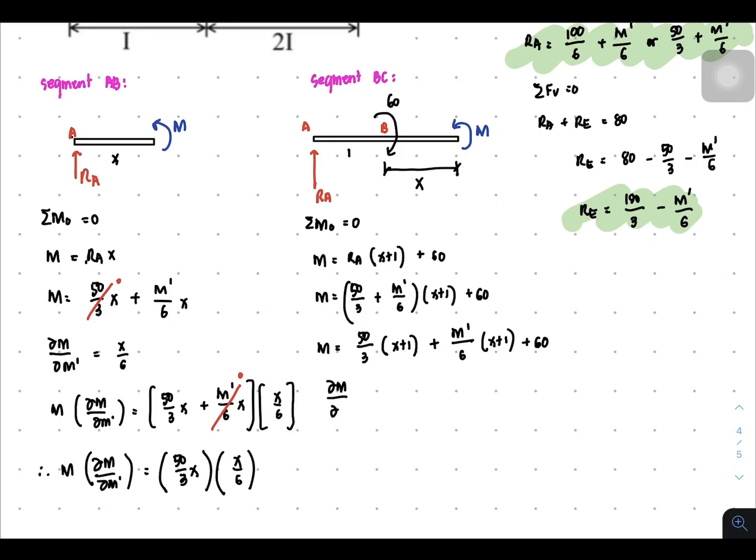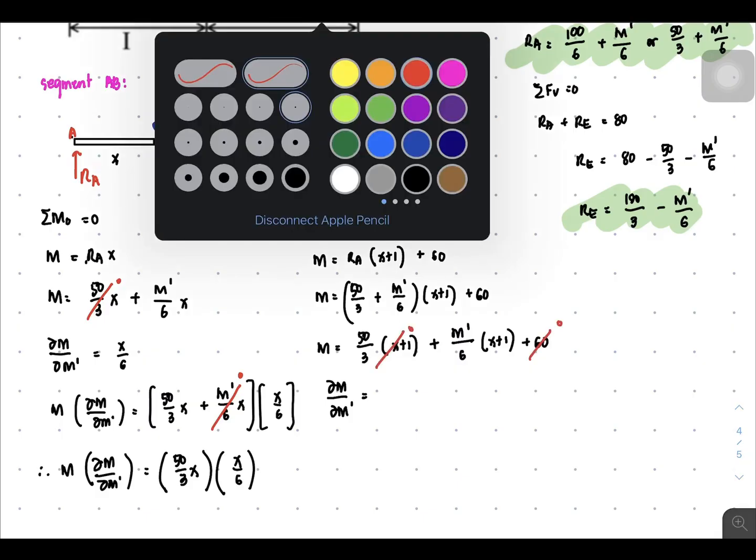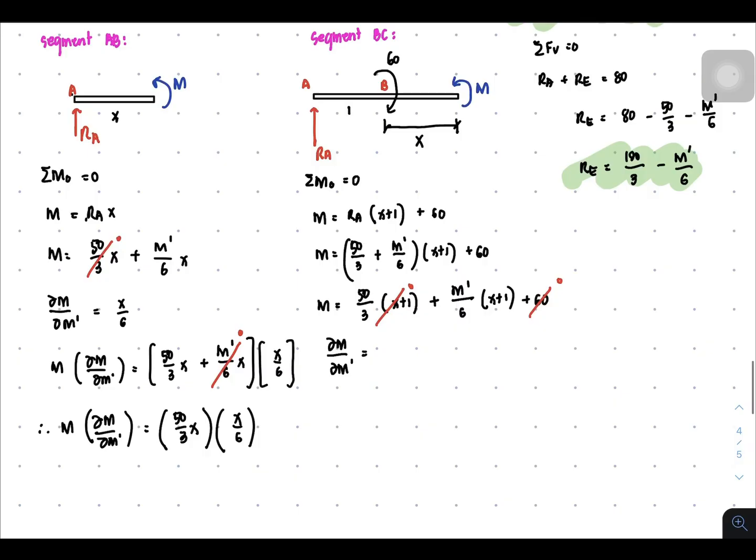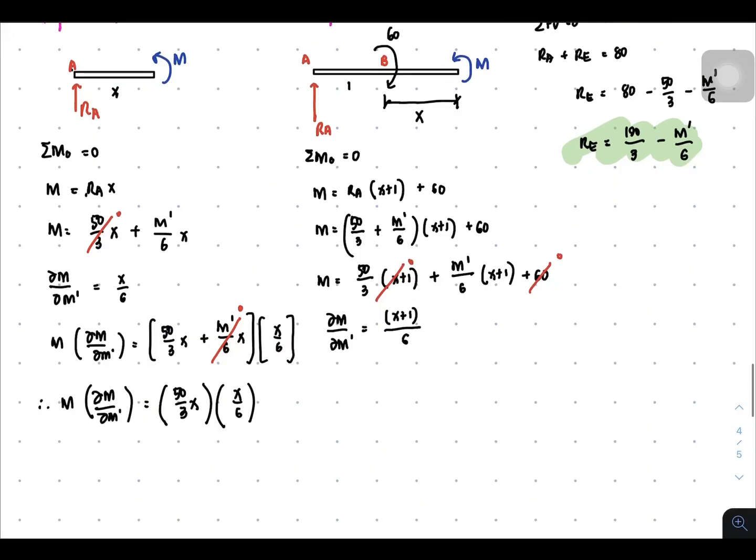And this time, since we will be getting the partial derivative of m with respect to m prime, we will be setting the value of the terms with no m prime to 0 for the meantime. And we will be considering the m prime to be the variable, and the coefficient, you have to copy the coefficient. It's now x plus 1 over 6 there.